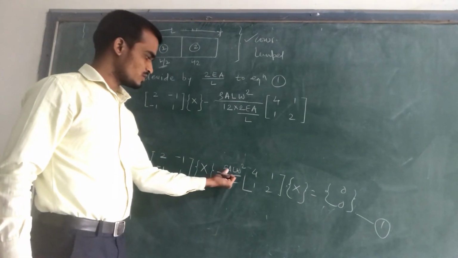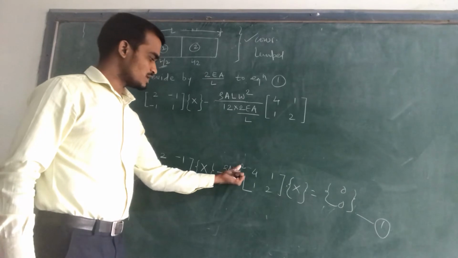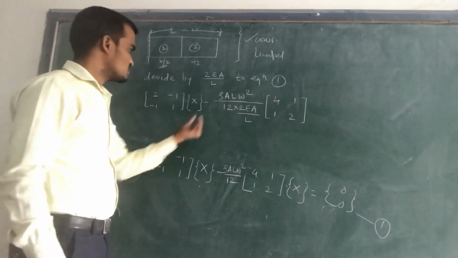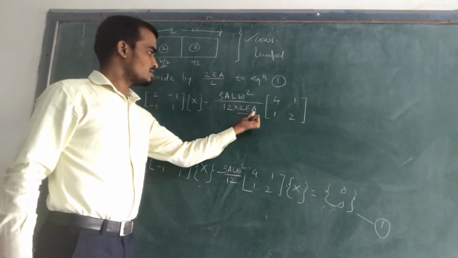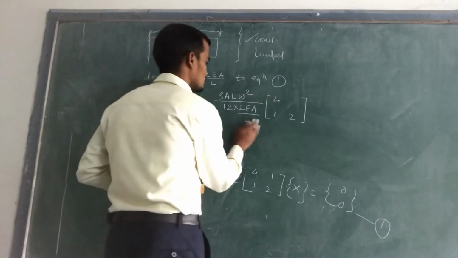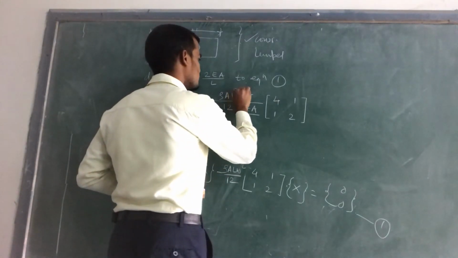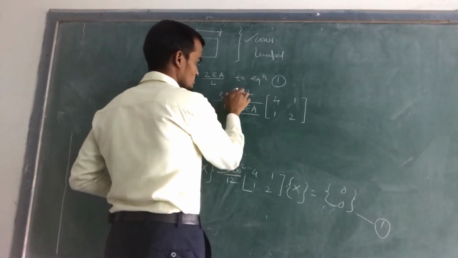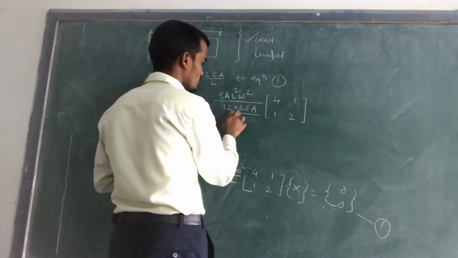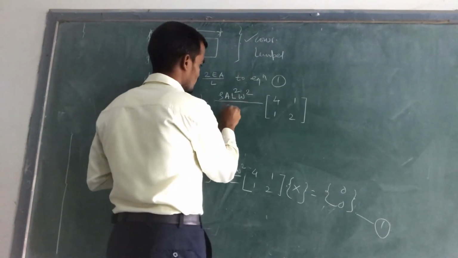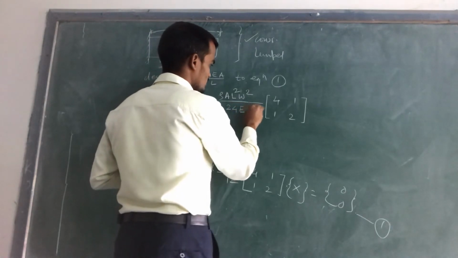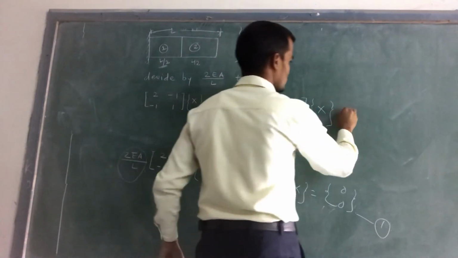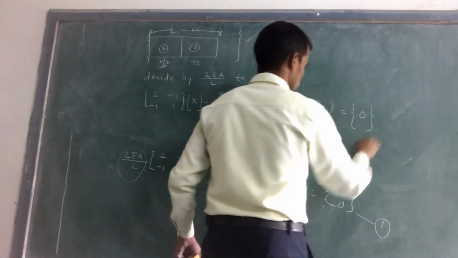So if we put this, we will get rho A L omega square by 12 into the matrix 4 1, 1 2. Now we need to divide this total term by 2 times EA by L. Then the L will come here, so this will become L square in the numerator. 12 into 2 is 24, 24 times E, into x is equal to 0.